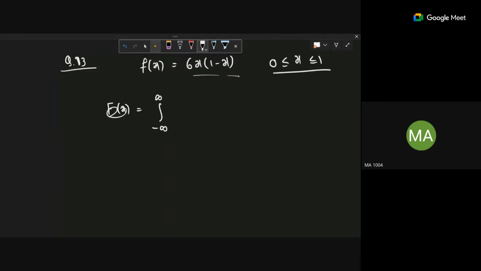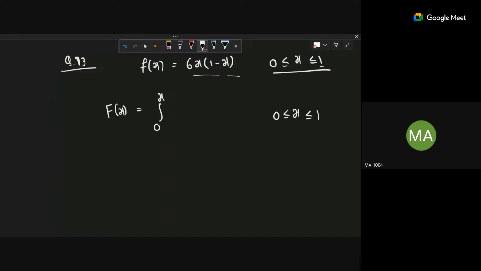If you integrate over this limit, then the sum will go to 1, and that is the value of the CDF at the end point, at the value 1 and after that. But what about the middle range? What will be the CDF at the point 0.5? So we integrate from 0 to x, and x can take any value lying between 0 and 1.